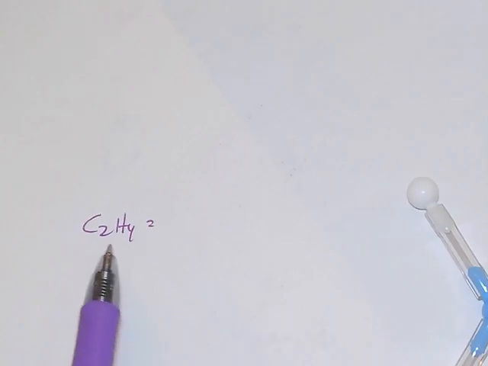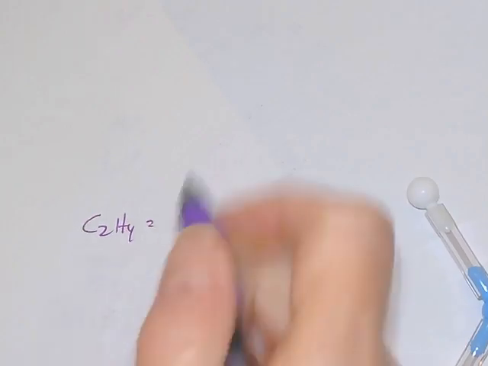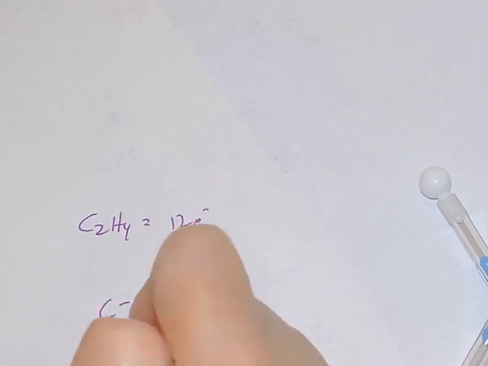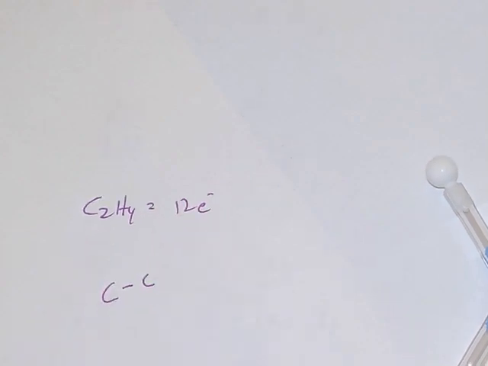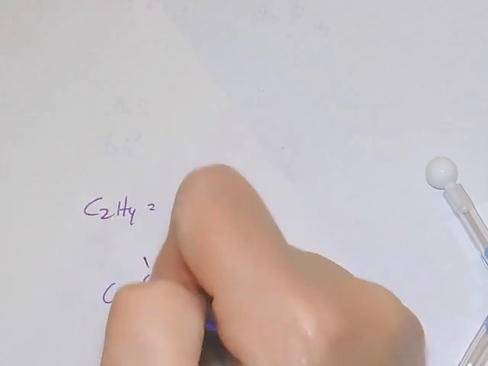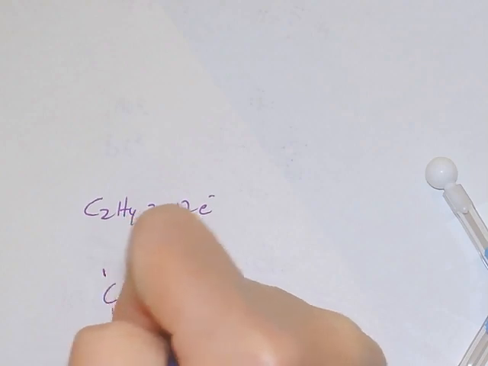So let's look. If we did C2H4, we would have 8, 9, 10, 11, 12 electrons to work with. We would put our 2 carbons together. So we will try to build some organic structures the week after this. So this will just sort of lead you up to that. Put our 2 carbons and put our 4 hydrogens, 1, 2, 3, 4.